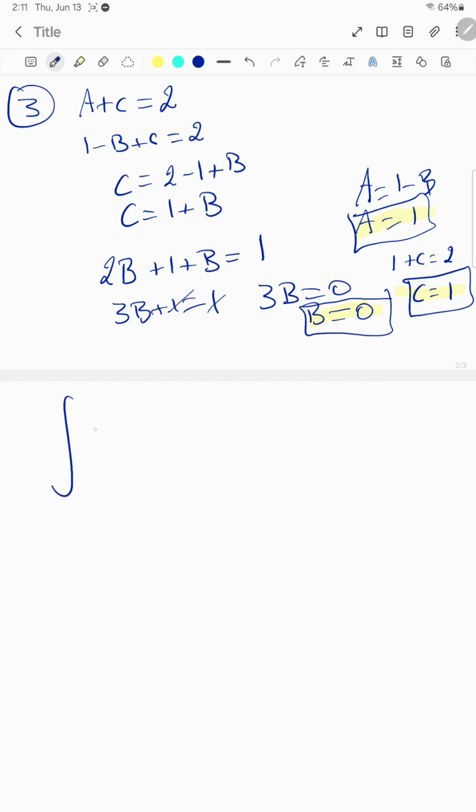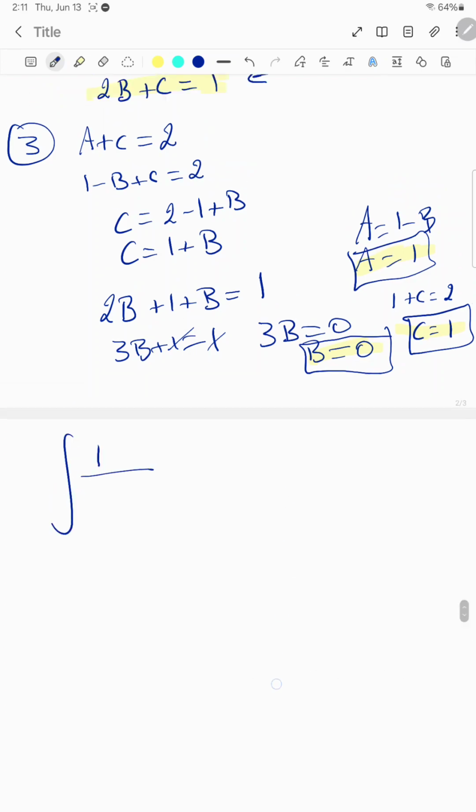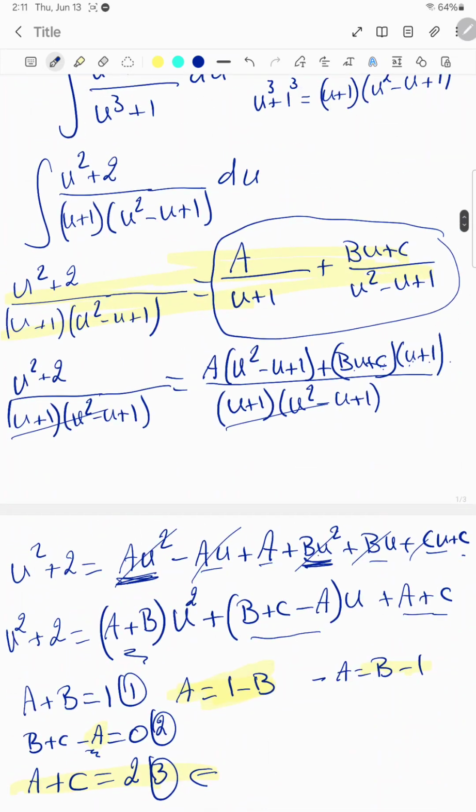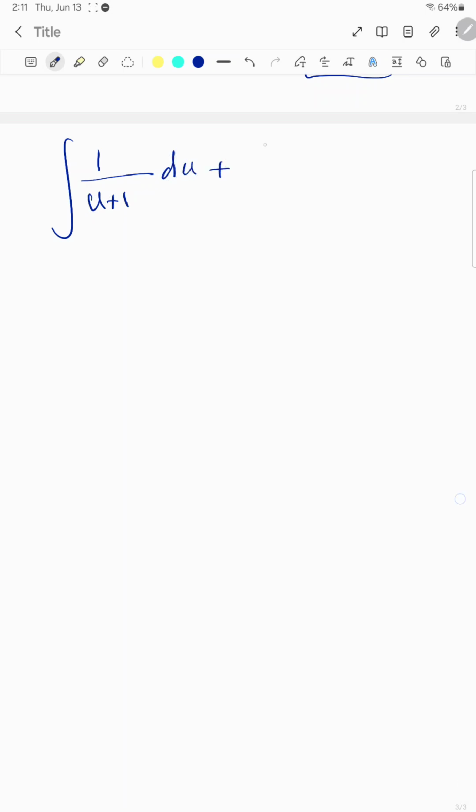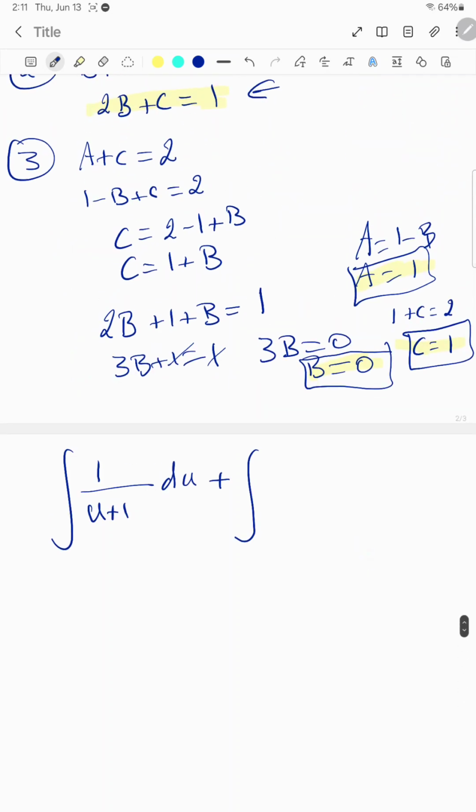So my integral becomes a, which is 1, divided by u plus 1 du, plus b, which we said is equal to 0. I have bu plus c, so 0 times u is 0, plus c is 1, divided by u squared minus u plus 1 du.